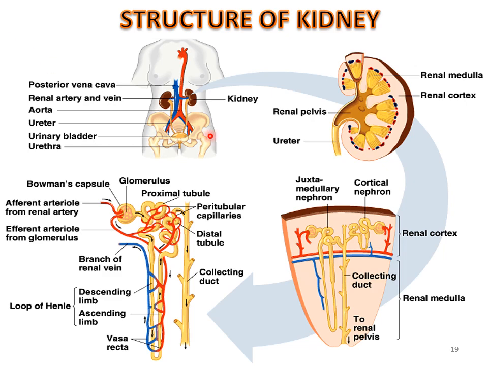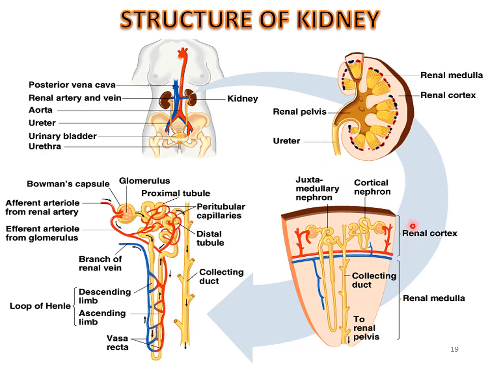Okay, the kidney is dark red in color, and it consists of three distinct regions. The first is the renal cortex, that is the outer region. Next we have the renal medulla, the inner region, and the renal pelvis, the upper part of the ureter.